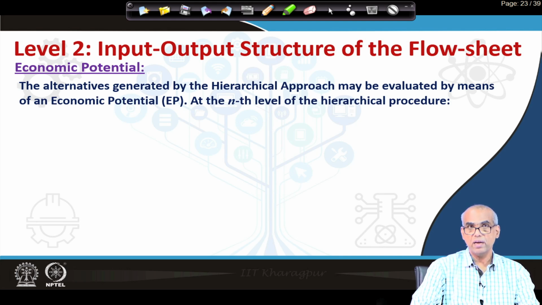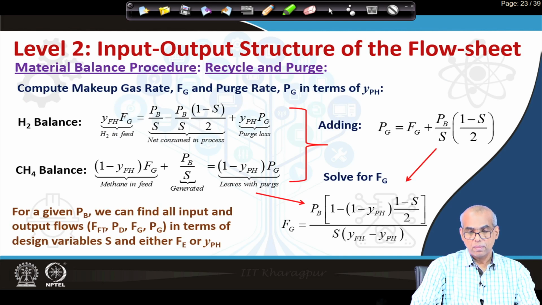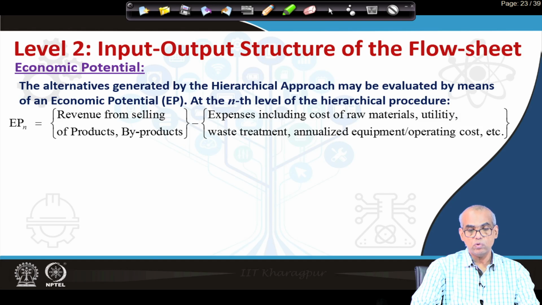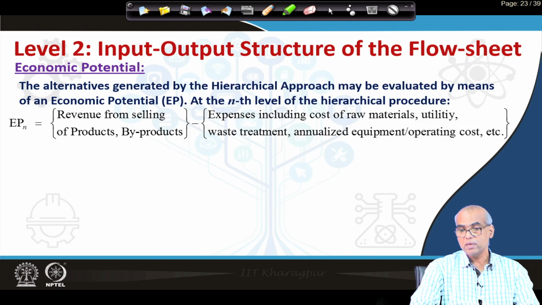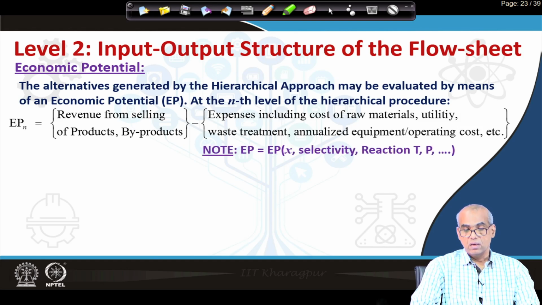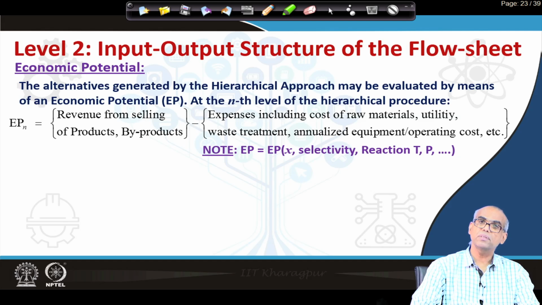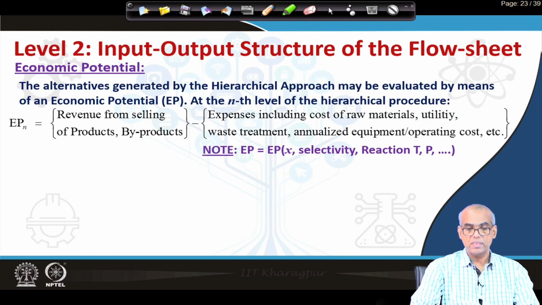At the nth level of the hierarchical procedure, we can write EPn equal to revenue from selling of products and byproducts minus expenses including cost of raw materials, utility, waste treatment, annualized equipment, operating cost, etc. Note that this economic potential is a function of conversion, selectivity, reaction temperature, pressure, etc. That means design variables.